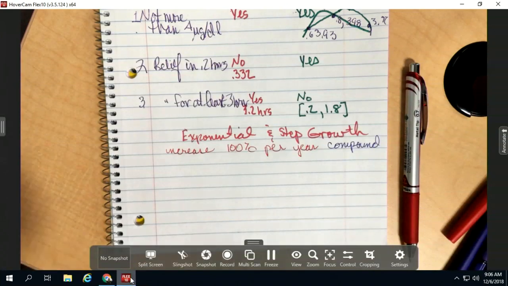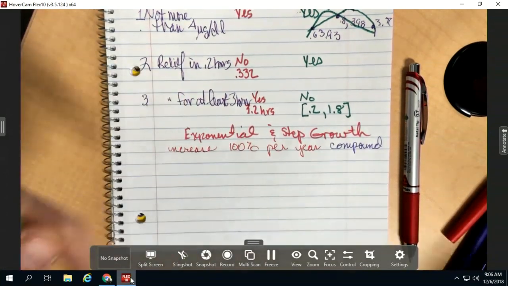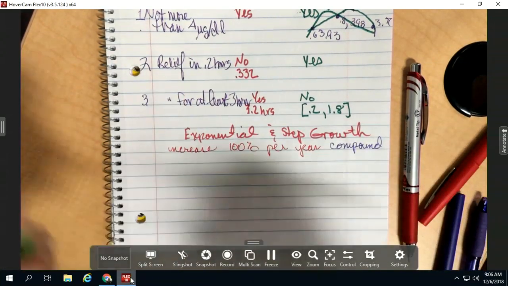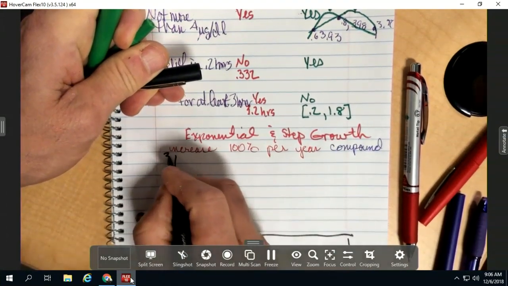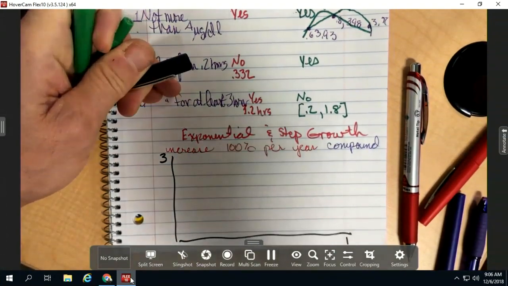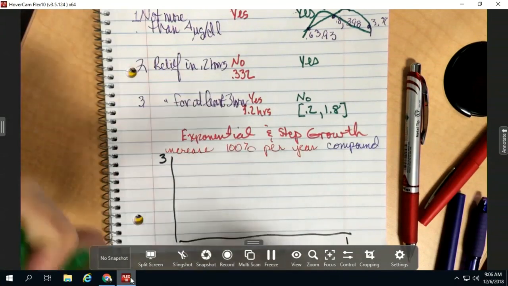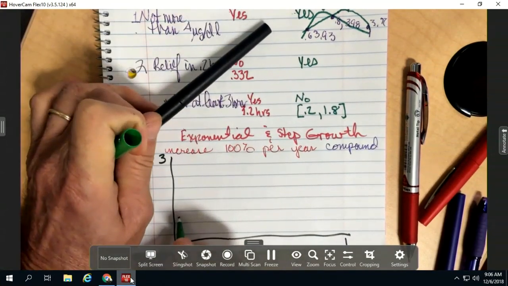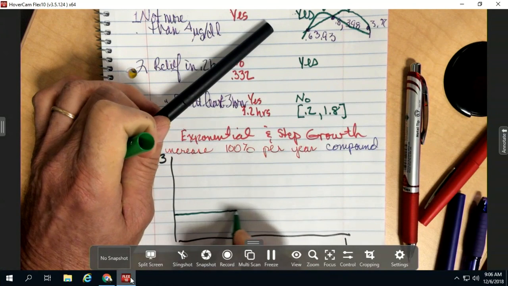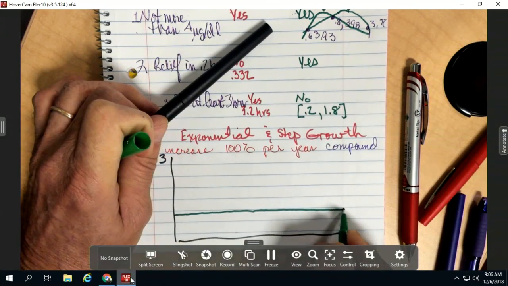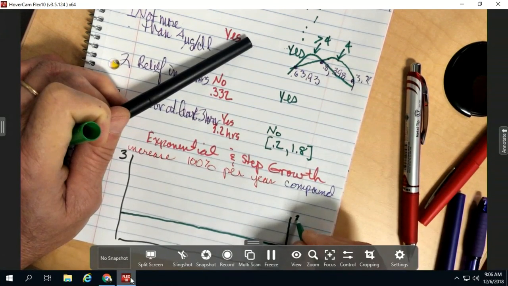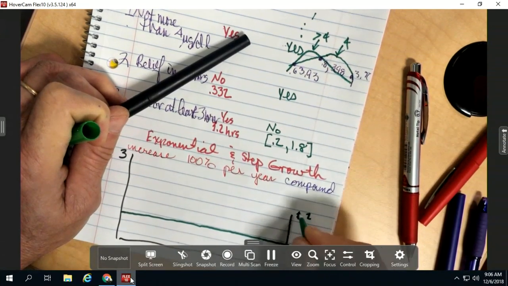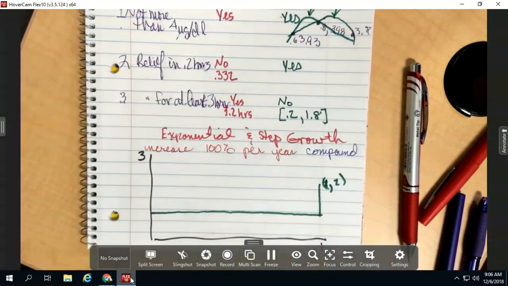Now here's the compounding problem that we've got. I'm going to draw my axes here. So here's 1 year, here's 3. I start out at 1 year, $1, I go all the way over to 1, and then I double it. I'm now at over 1 up 2. Everybody agree with that part?